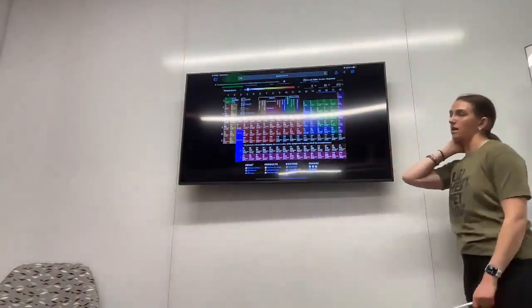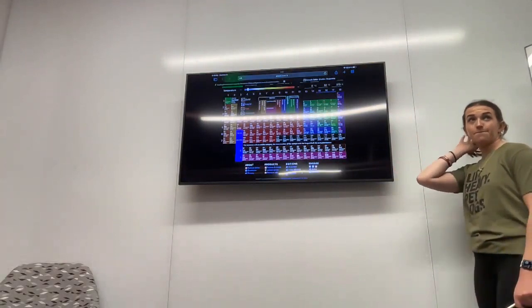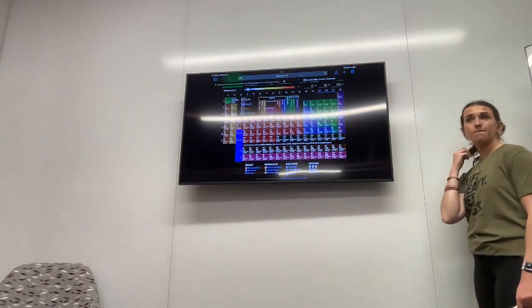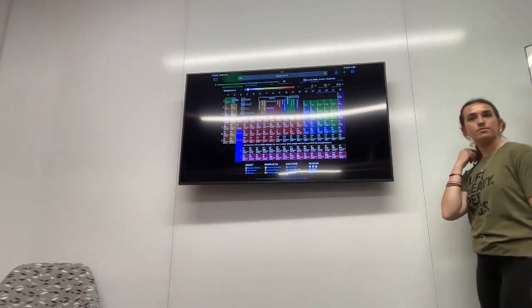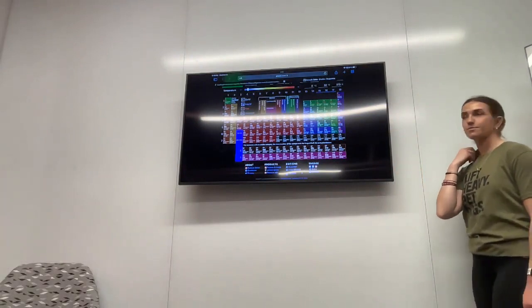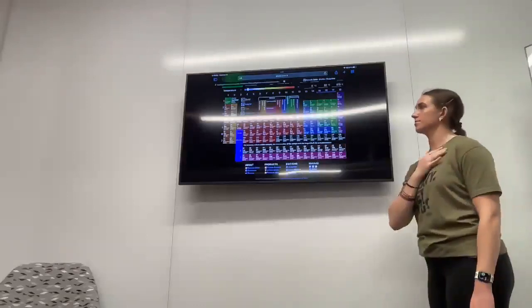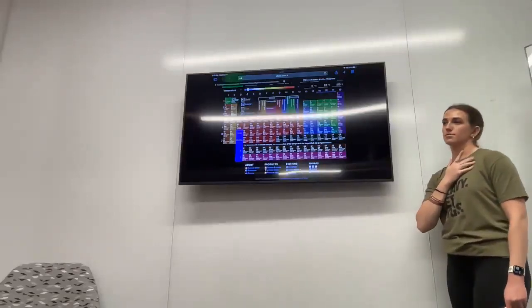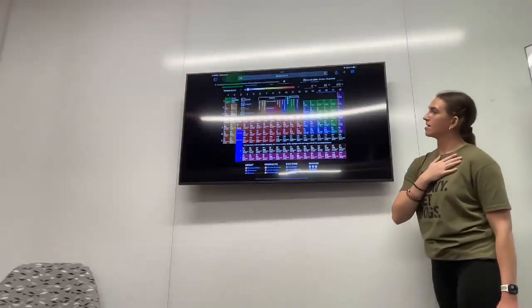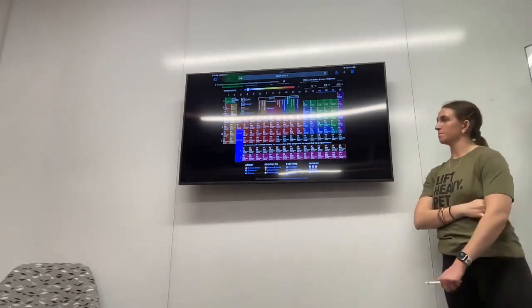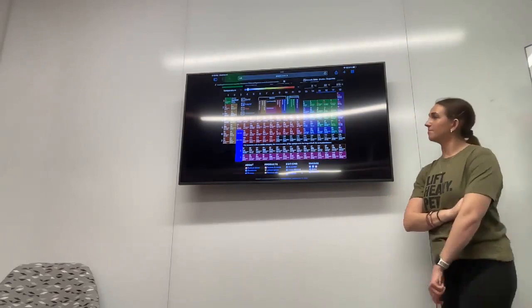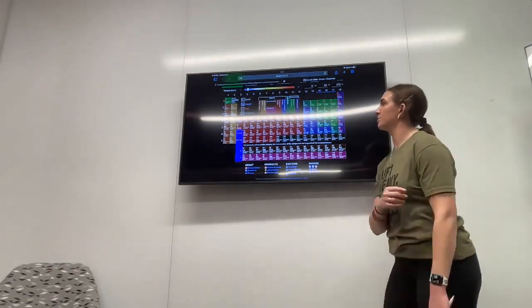Where else do we think it might happen? In 17, would that be it? Or no? It's actually going to happen before copper. Iron's row? Very close. Very close.